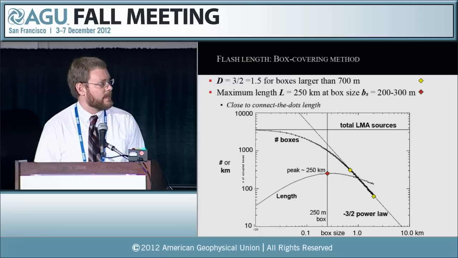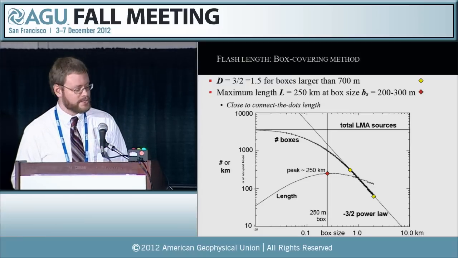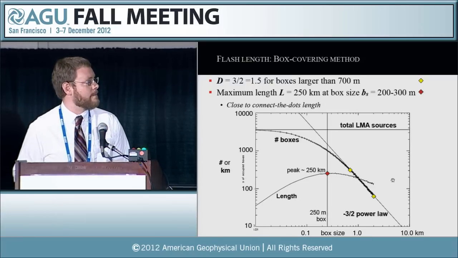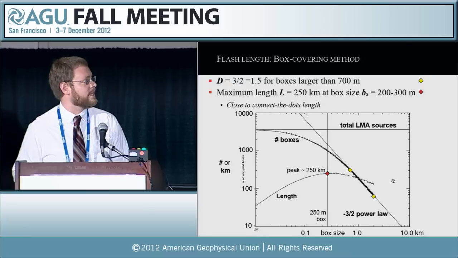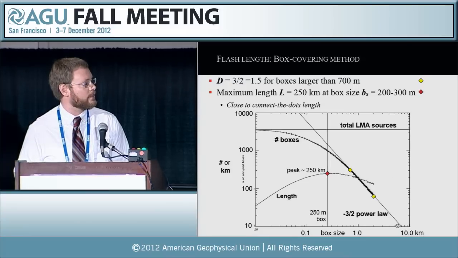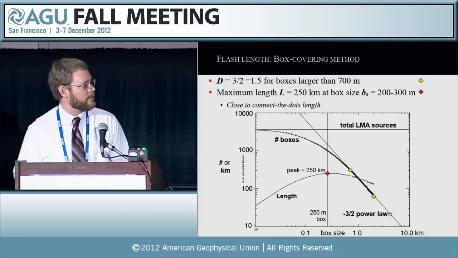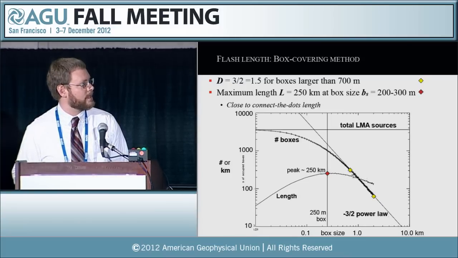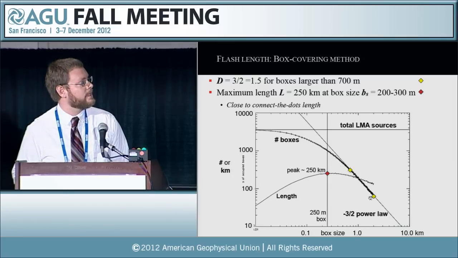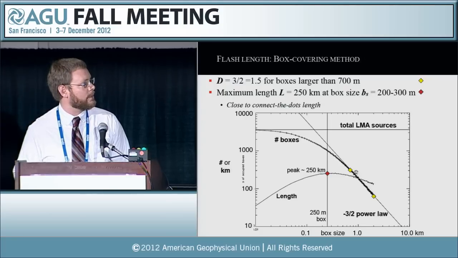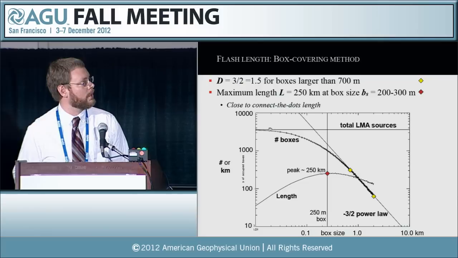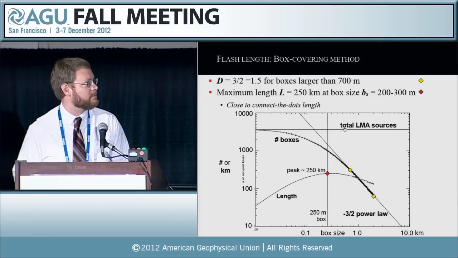All right, so this is the result of varying that box size and looking at the estimated length. This curve here, which follows a 3/2 power law for boxes larger than 700 meters, represents the total number of boxes, and that falls away from the power law and limits on the total number of LMA sources, as it must.